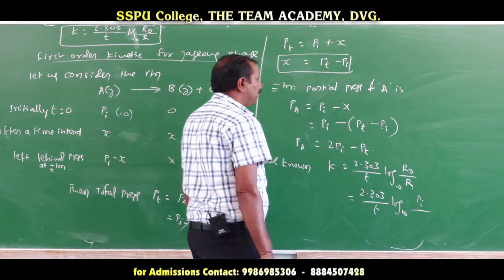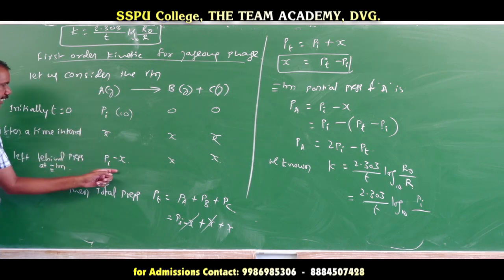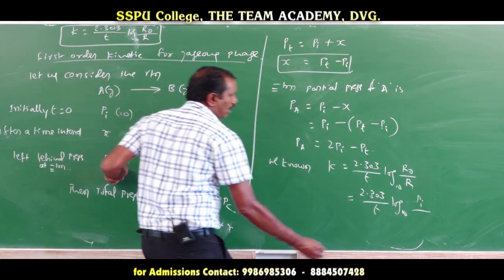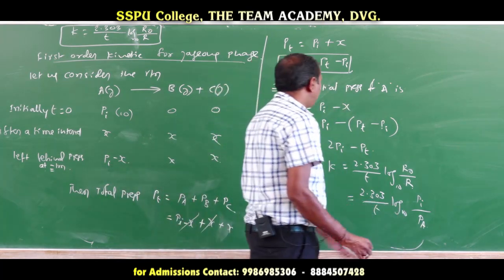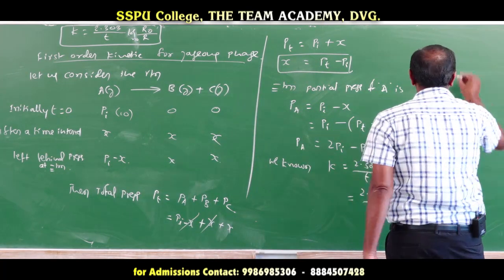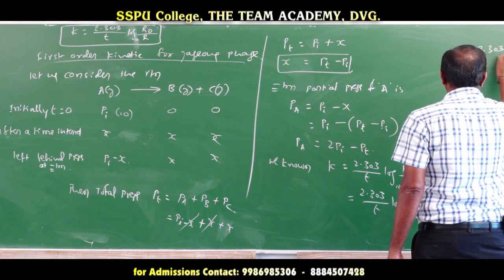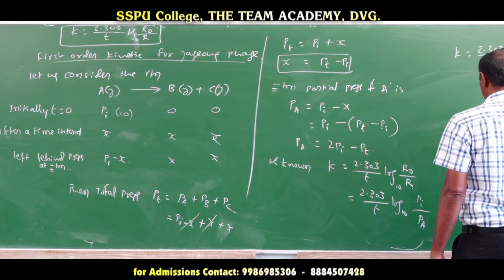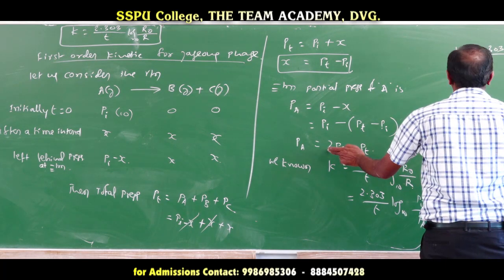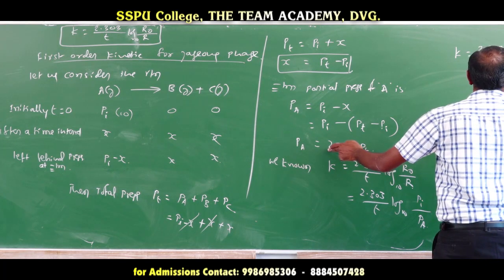R is the left behind pressure of the reactant, that is Pi minus x, which we may write as Pa. So K equals 2.303 by t into log of Pi divided by Pa, where the value of Pa is 2 Pi minus Pt.